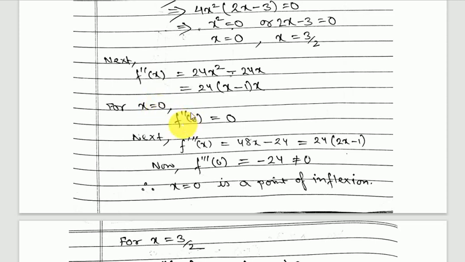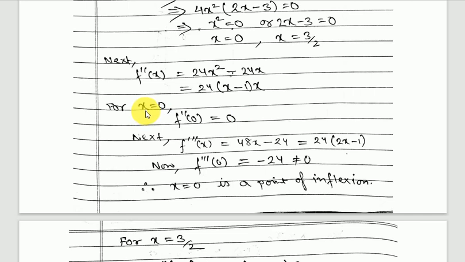In this second derivative, wherever you see x, replace it by 0. So you get second derivative equal to 0. This is neither less than 0 nor greater than 0, so we cannot say anything about the point of maximum or minimum.